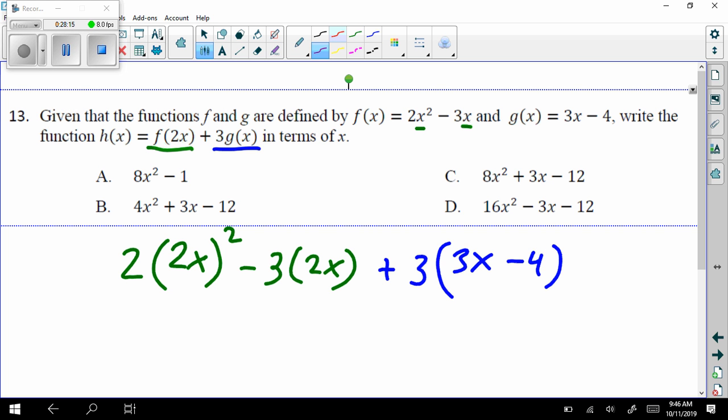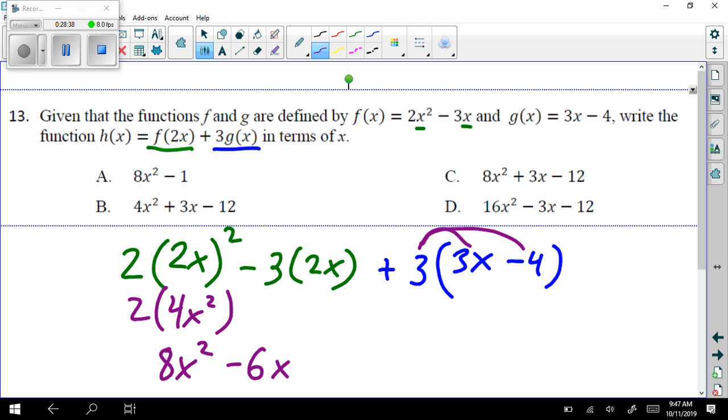So now this is just some algebra 1 stuff. 2x squared, you got to square the 2, you get 4. Square the x, you get x squared. Times 2. So that's 8x squared. Negative 3 times 2x is negative 6x. And this 3 has to be distributed.